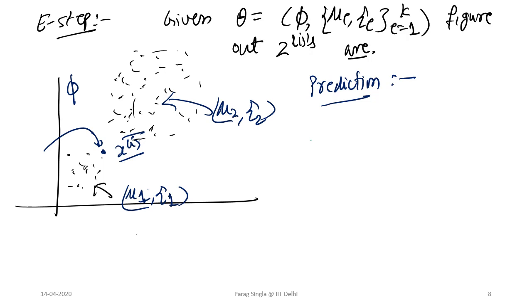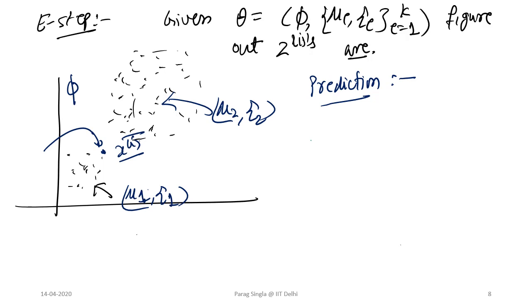So in exactly a similar manner, given the phi parameters, and also the individual mu's and sigmas of each of the clusters, for each of the xi's we want to figure out what the right zi is.